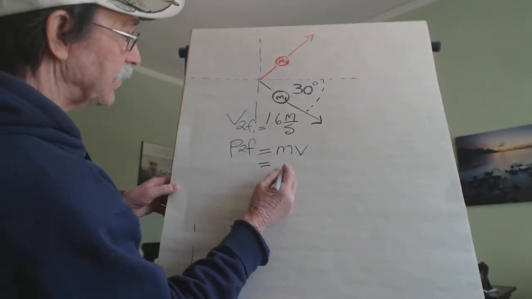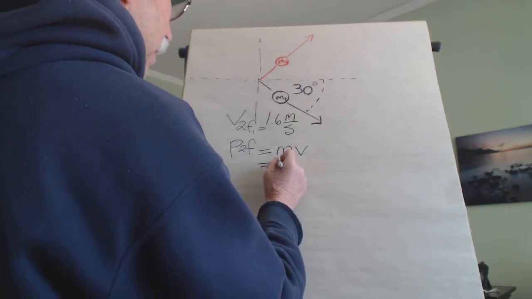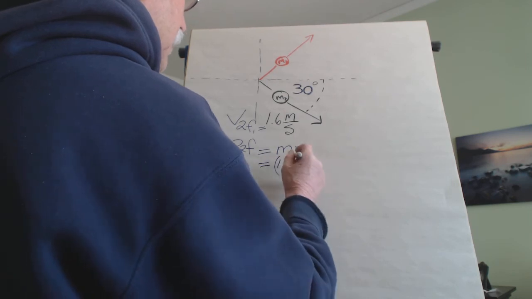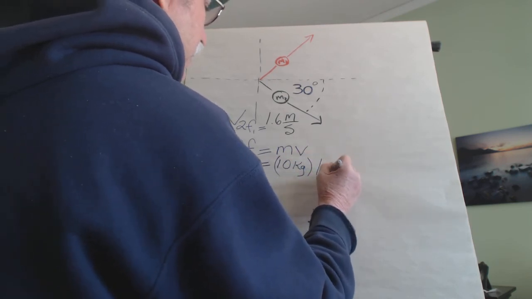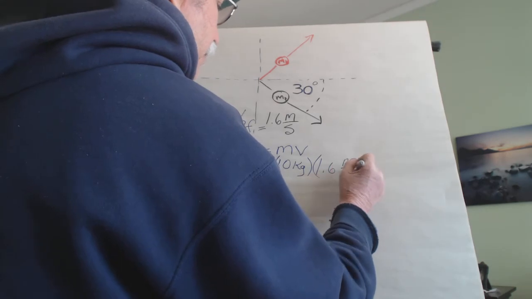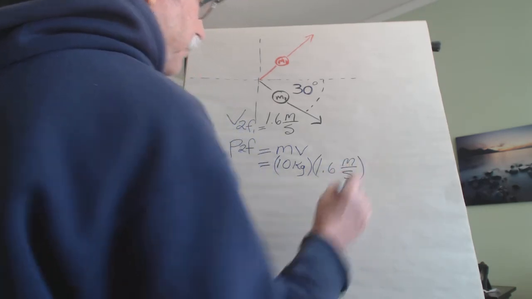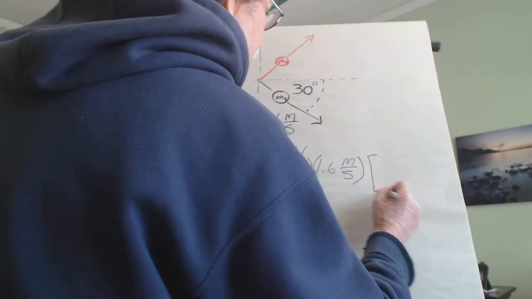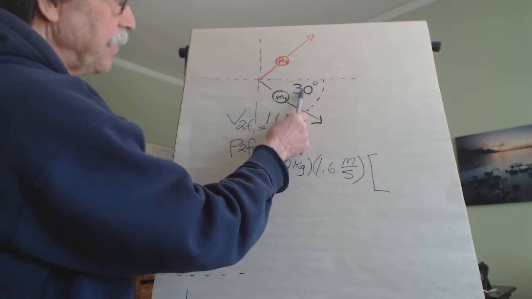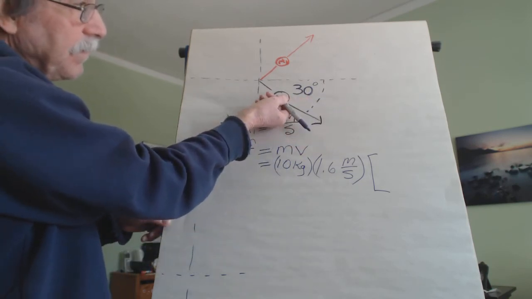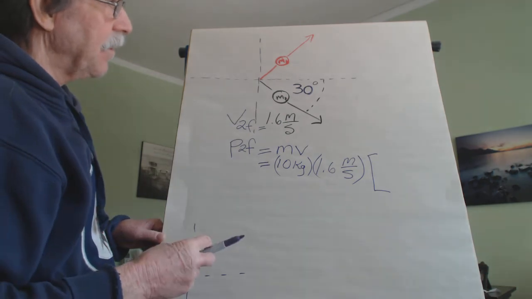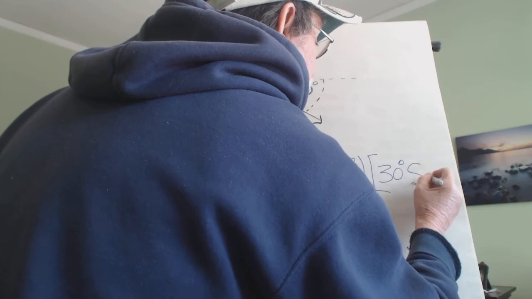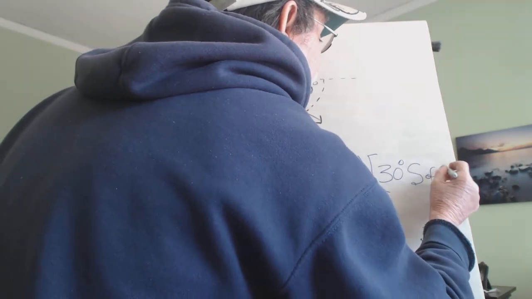So I've got 10 kilograms times 1.6 meters per second, in the direction of 30 degrees south of east. 30 degrees south of east.